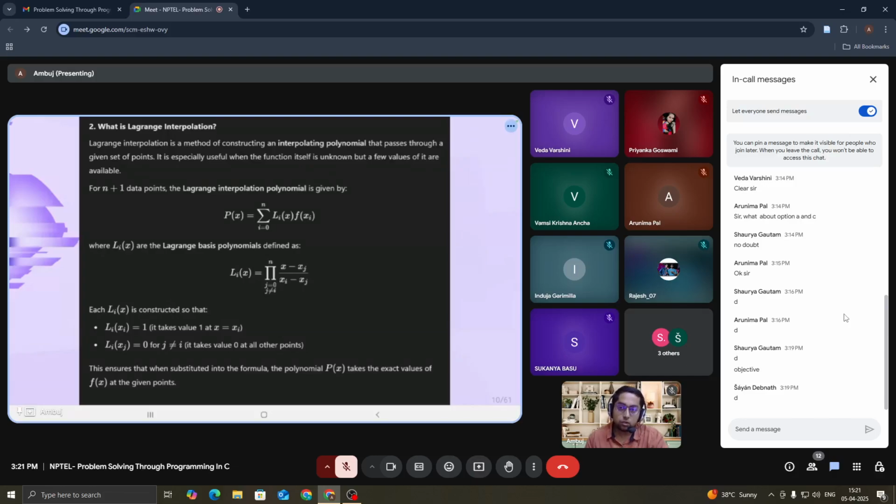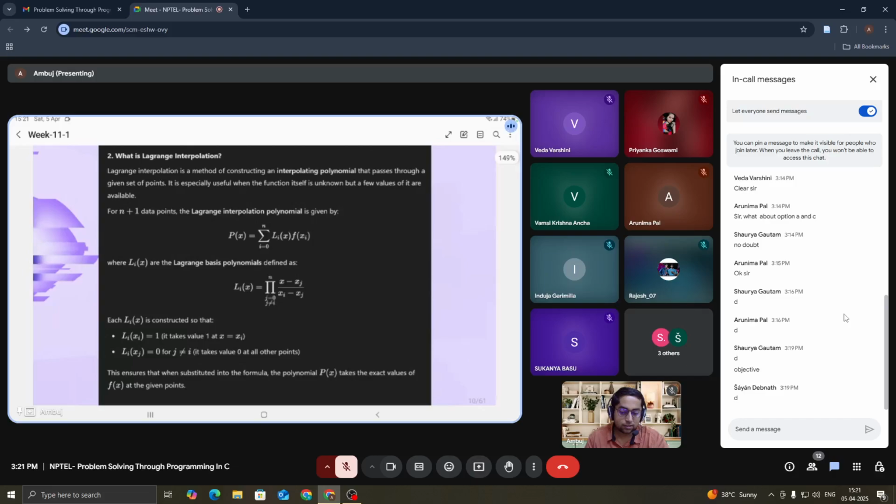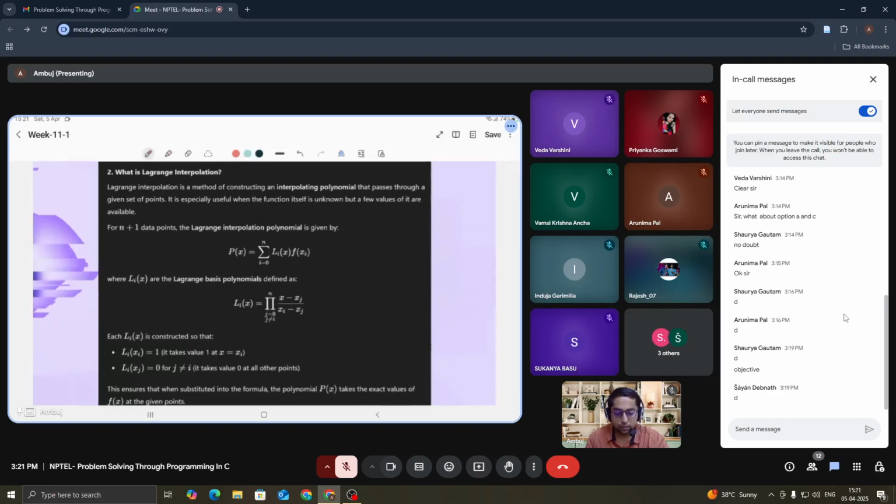For n plus 1 data points, the Lagrange polynomial is given by this particular expression: p of x equals summation i equal to 0 to n L i of x f of x i. This particular expression you have to keep a note of. If you are having pen and paper, as I have already told you, please note it down.